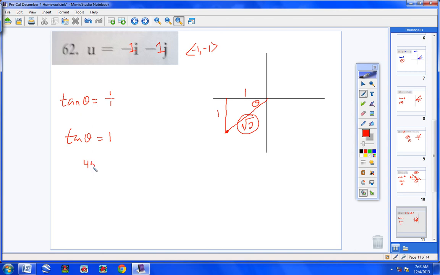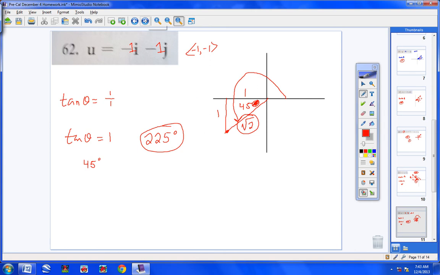The tangent of 45 degrees is 1. So 45 degrees goes inside the triangle. So the direction angle starts here and it rotates all the way to the hypotenuse. So we go 180 degrees plus 45 more. So your direction angle is 225 degrees. So you found your direction angle and you found your magnitude, which is what the directions asked you to do. So there we go.